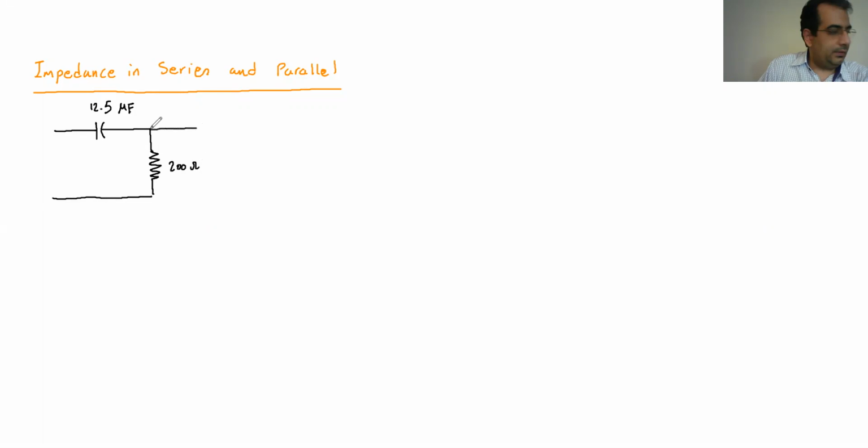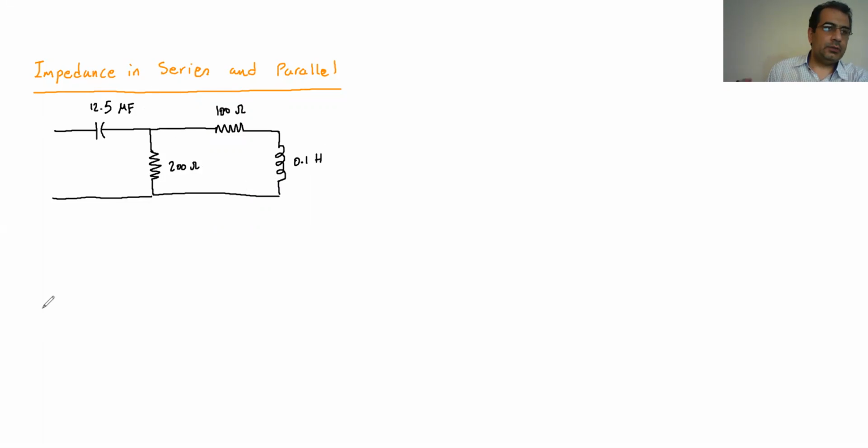Here I also have one resistance, 100 ohm. And then I have the inductor with 0.1 Henry. And then we want to find the equivalent impedance for this.